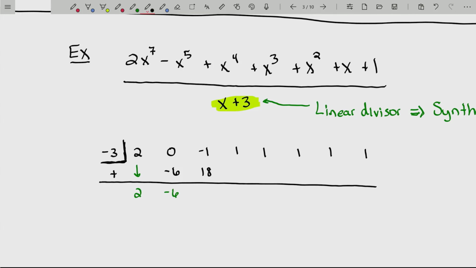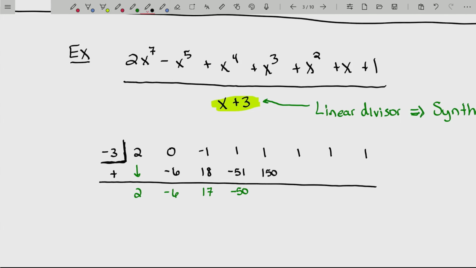18 minus 1 is 17. -3 times 17 is -51. 1 minus 51, that's going to be -50. -3 times -50 is a positive 150.